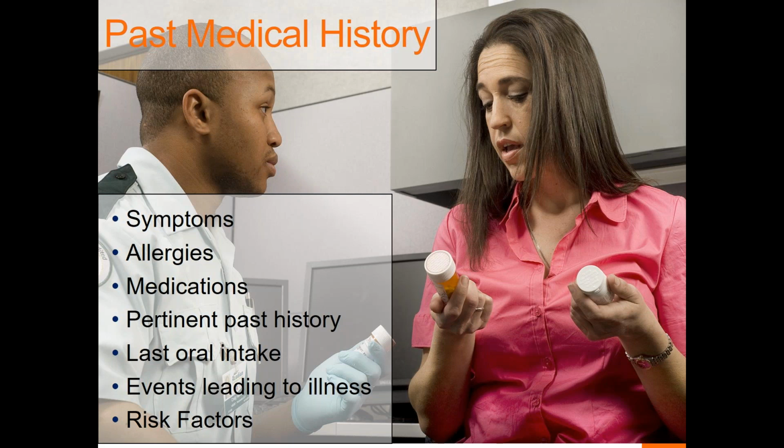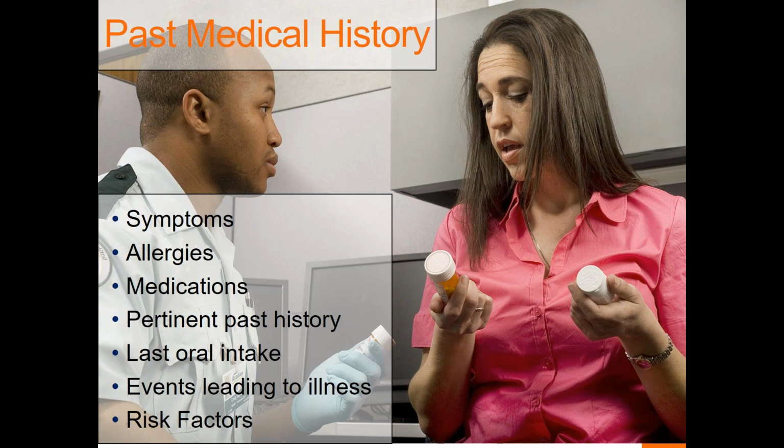And this is actually part of the checklist that the state uses to grade you when we get into prepping for our practical exam. You have to ask about onset, provocation, quality, radiation, severity, time. You have to ask for their signs and symptoms, their allergies, their medications, their pertinent history, the last time they had anything to eat or drink, and the events leading up to their problem.